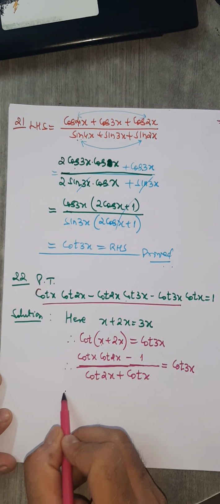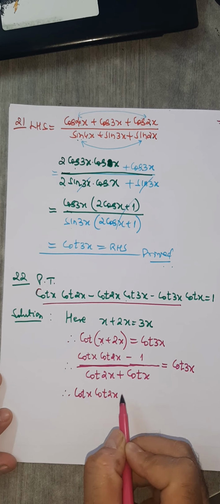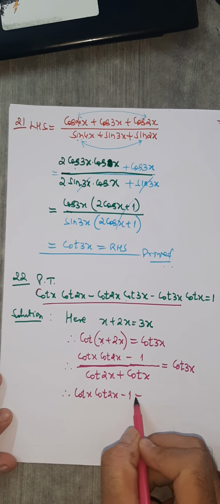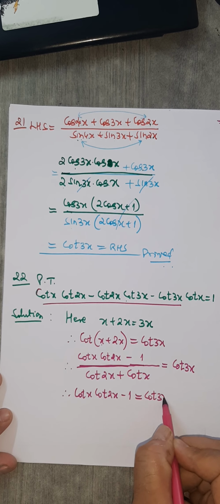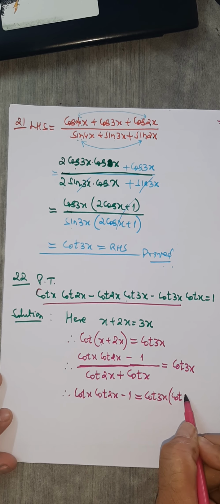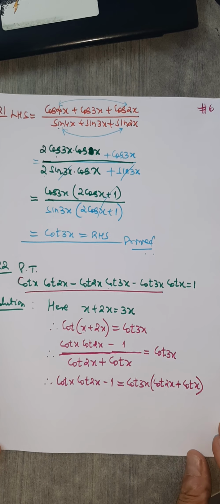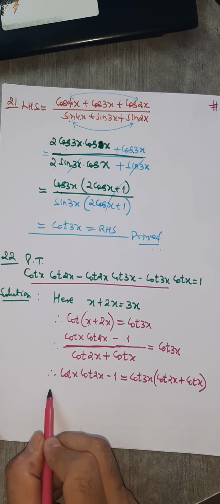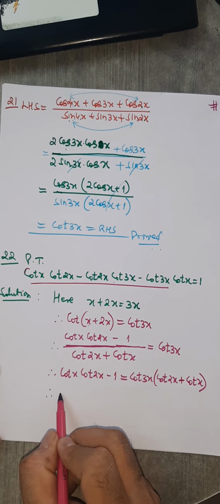Just take this one over here. So cot x into cot 2x minus 1 equals this entire bracket you take on the right hand side: cot 3x into cot 2x plus cot x. Okay. Now you open the bracket and you take this term over there.